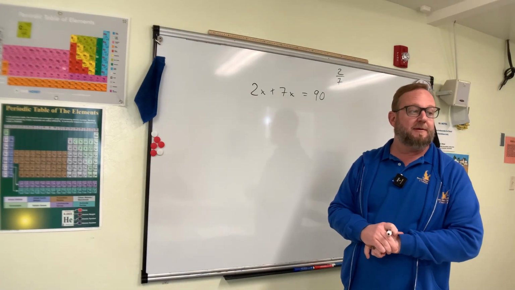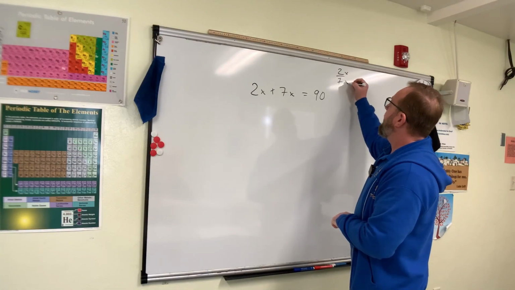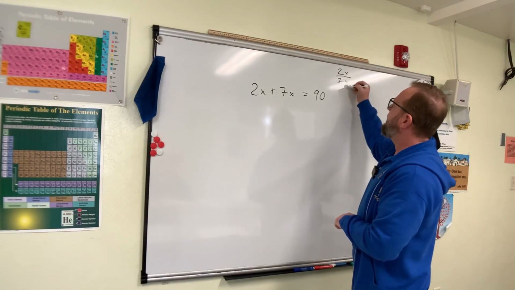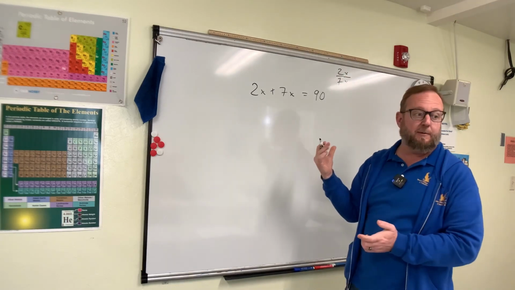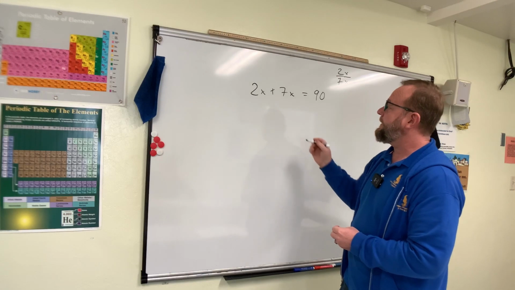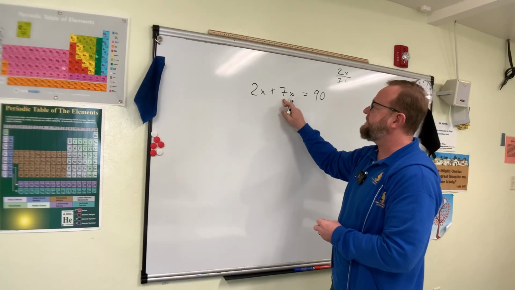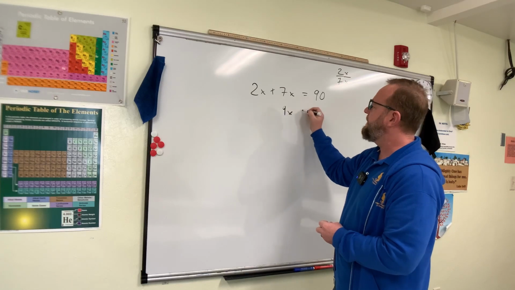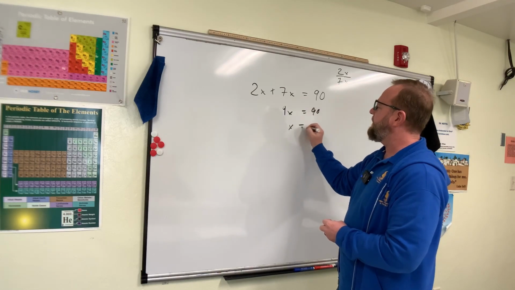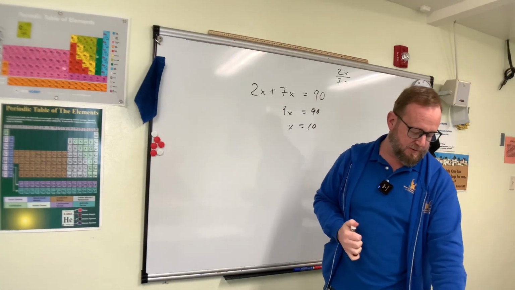Well, if I put x in my ratio, those would cancel out, so I would see a 2/7. So 2x and 7x. I can combine these and finish my solution. So 2 plus 7 gives me what? 9x equals 90, so x comes out to 10. You see that there in your instructions.